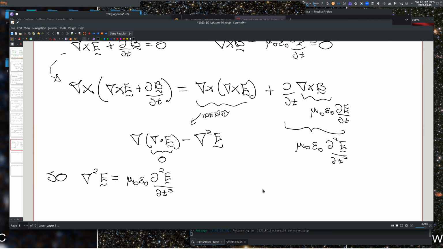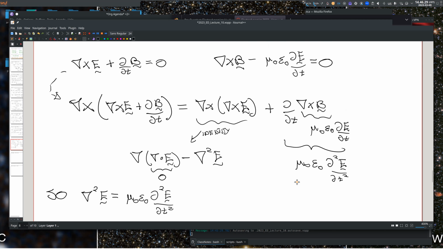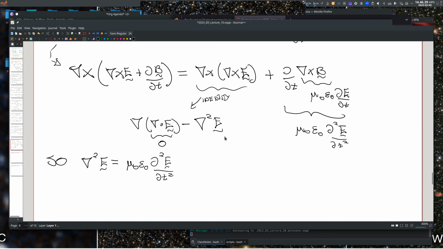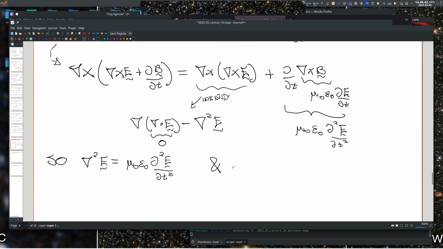And actually, we did it for E here. However, I can do absolutely exactly the same derivation, starting from the curl of this one, and then using the same identities and going the other way. And then what I get is the same equation for B. Okay.